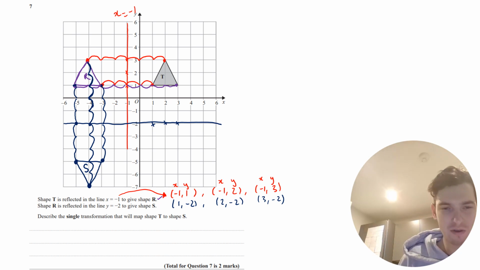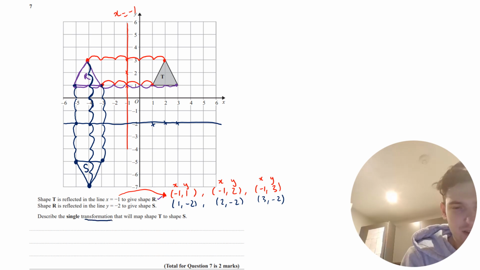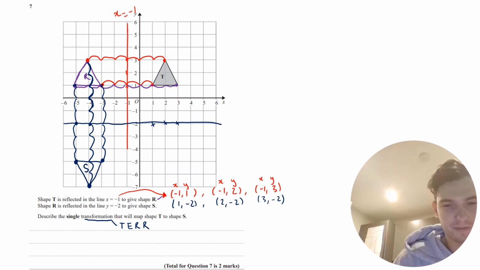Now the single transformation. So what are my transformations? It could be a translation, could be an enlargement, could be a reflection, could be a rotation. Definitely not a translation because the shape's in a different orientation.